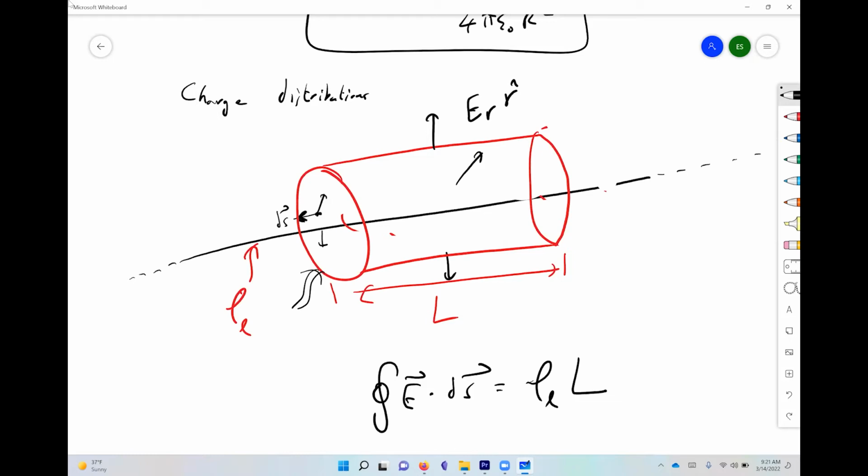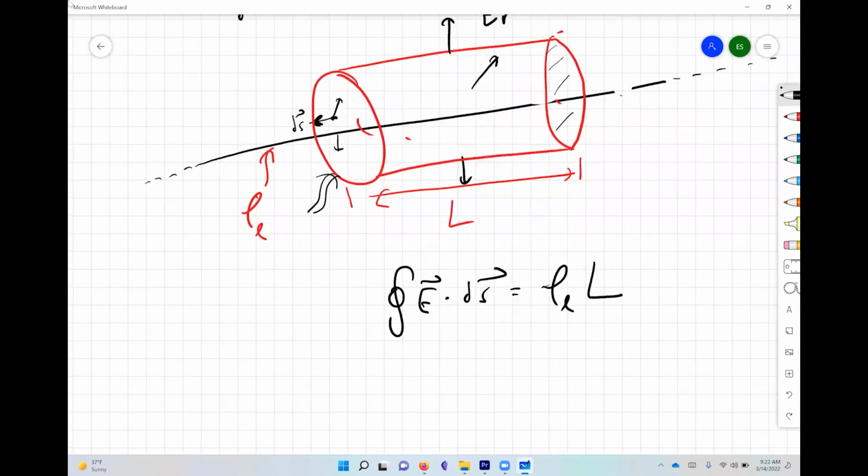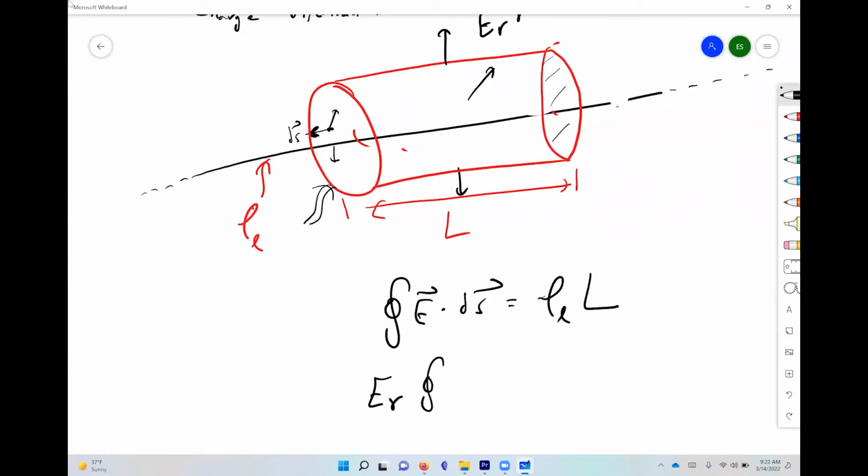So whatever dot product here is always going to be 0, right? Cosine pi over 2 is 0. So the sides of the cylinder won't matter. So here I can write this as E_r, which is a constant. I can take it out of the integral. This is over the cylinder.